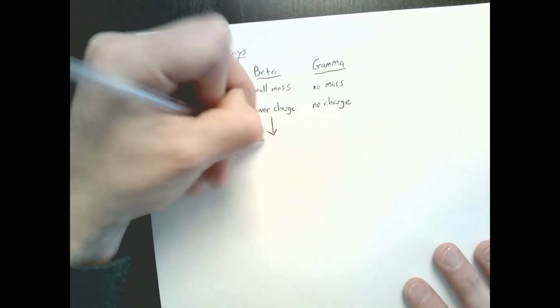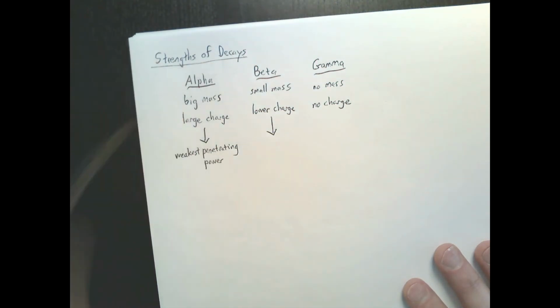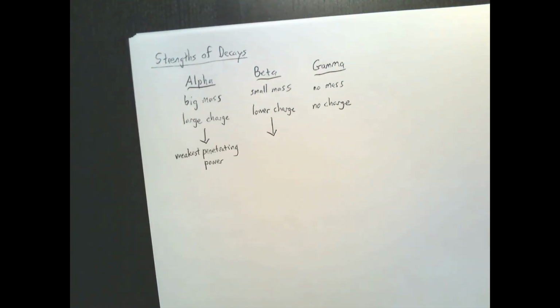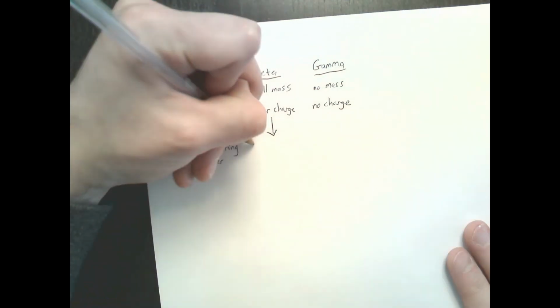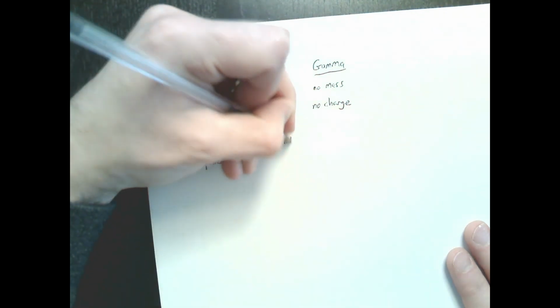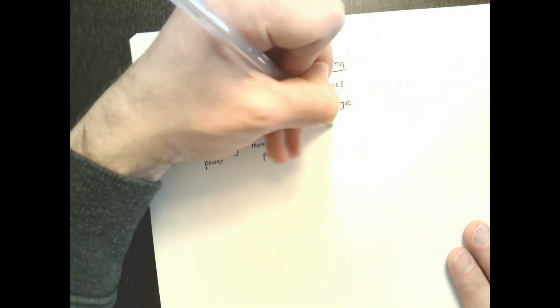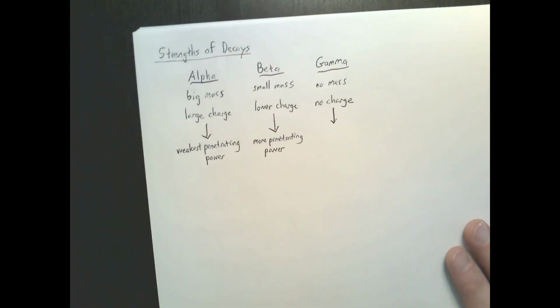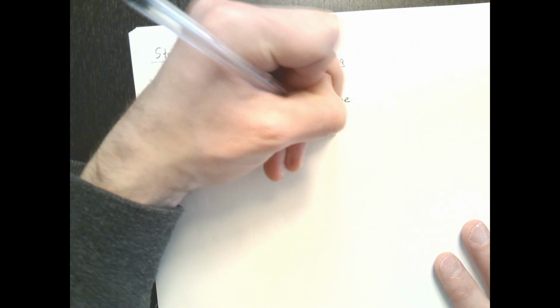Beta particles have lower mass, they have lower charge, they're able to sneak into smaller spaces, and they interact weaker with the electrostatic force, so they have more penetrating power. And the gamma particle has no mass, no charge. It doesn't really want to interact with matter all that much to begin with, and so it has the most penetrating power.